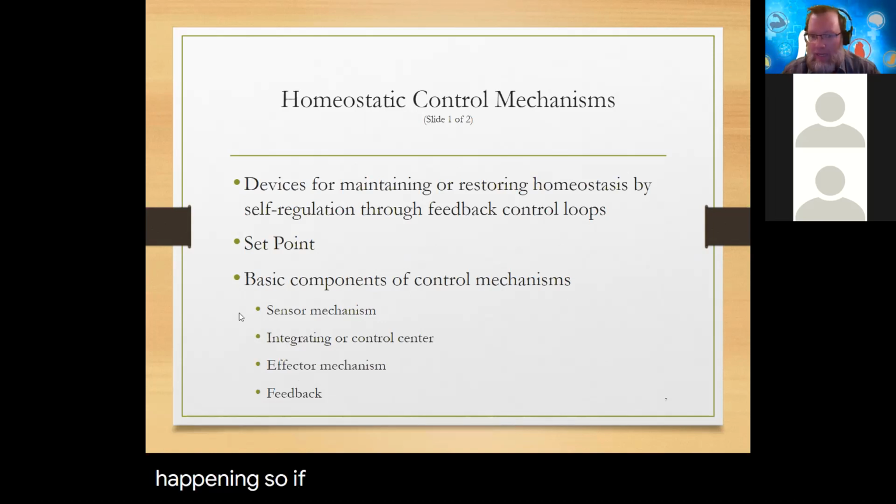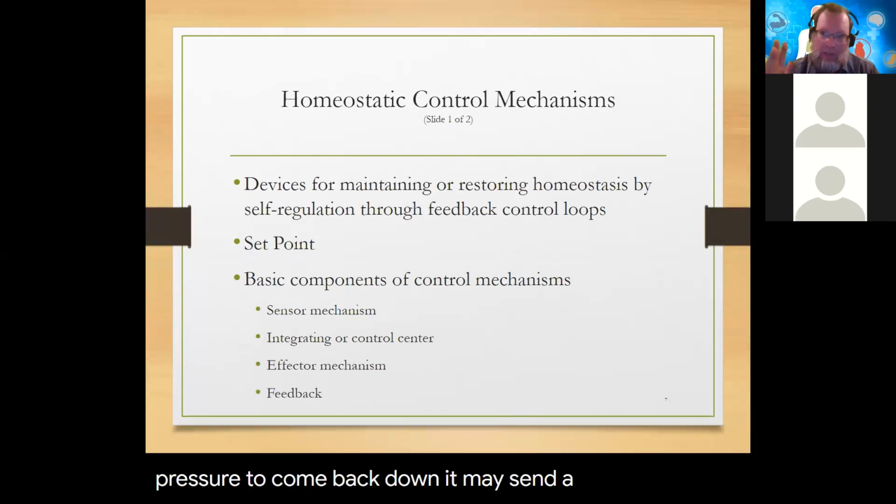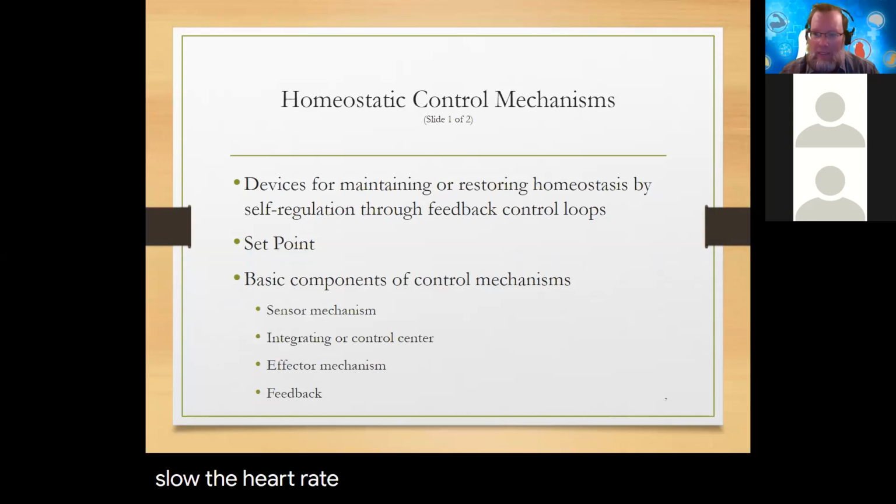So if the sensory is blood pressure is going up, the brain will work to send a response to get the blood pressure to come back down. It may send a response to slow the heart rate, to dilate some vessels, to thin out your blood.